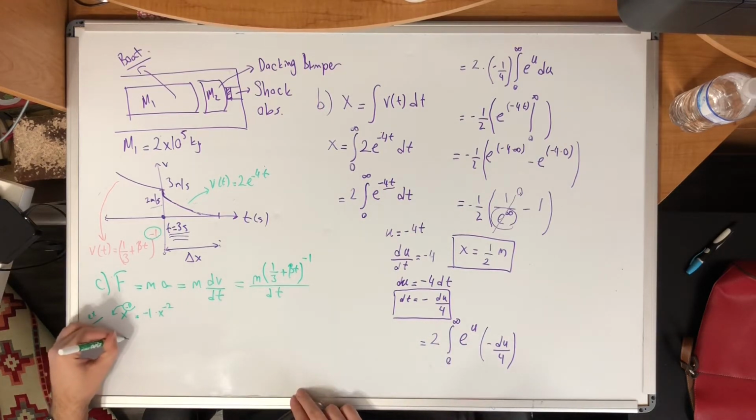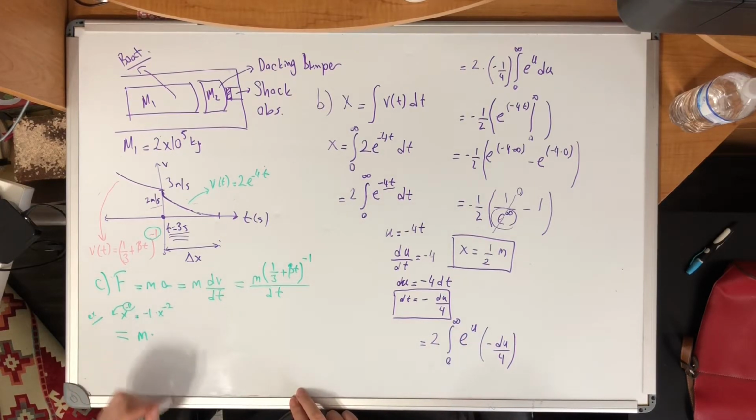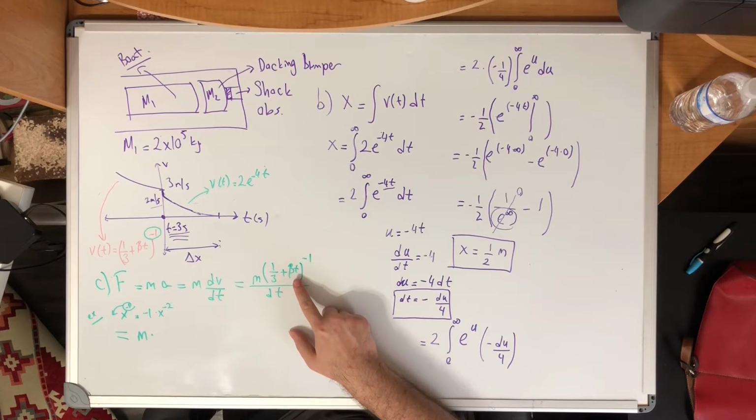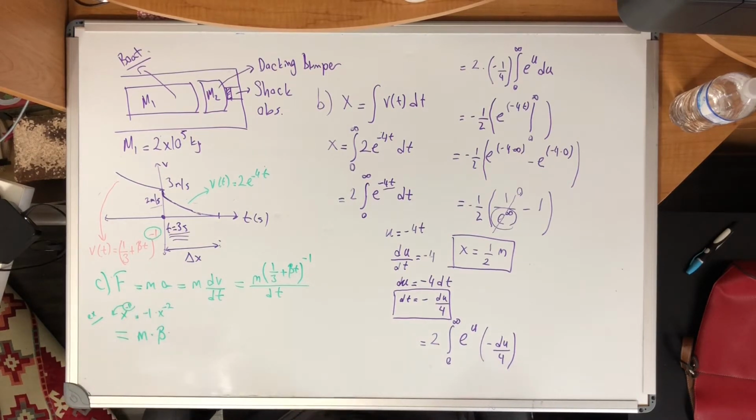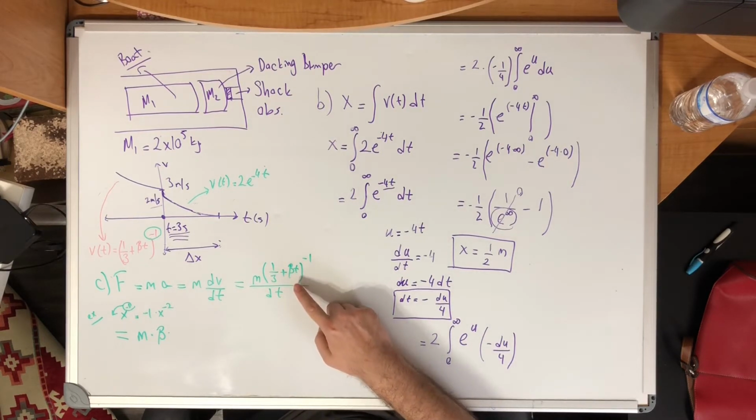So then at the end, what are we going to put? M, that was already there, times the derivative of the inside, which is just beta, times the derivative of this part itself.